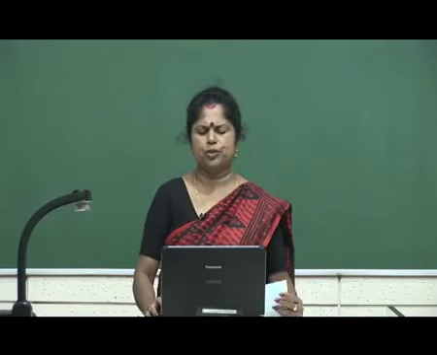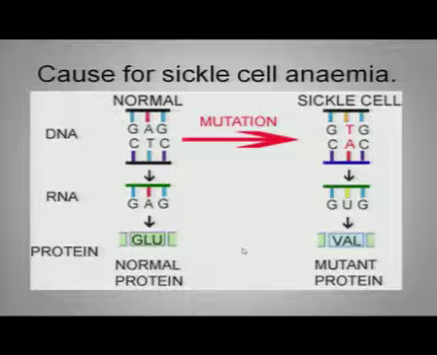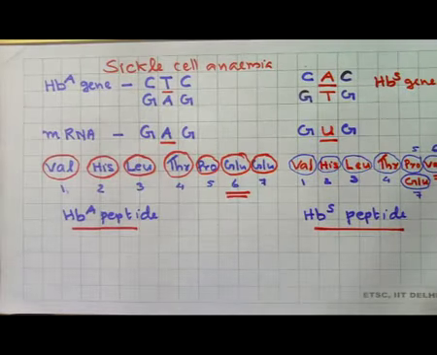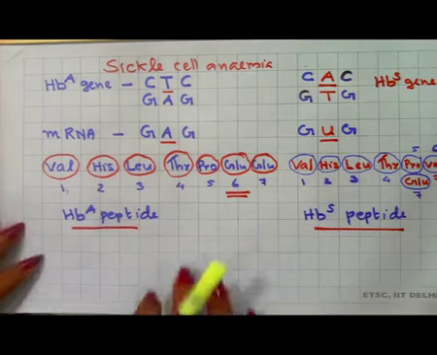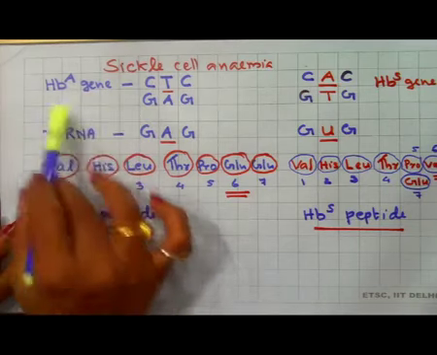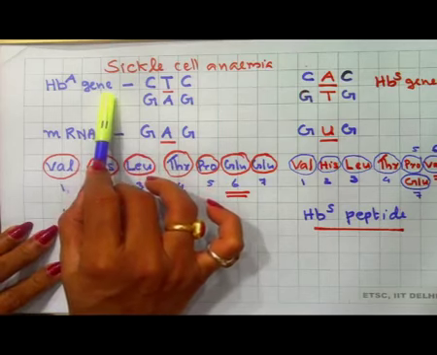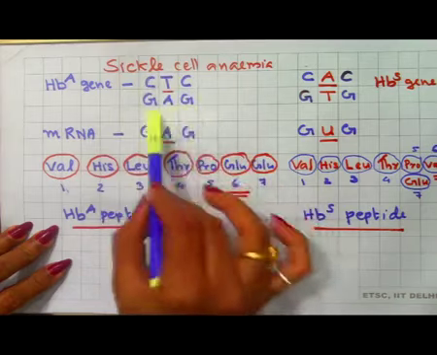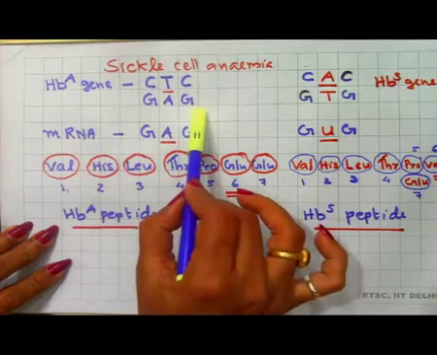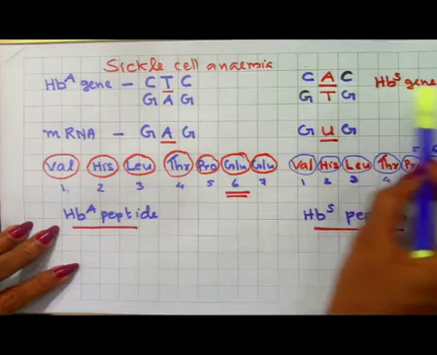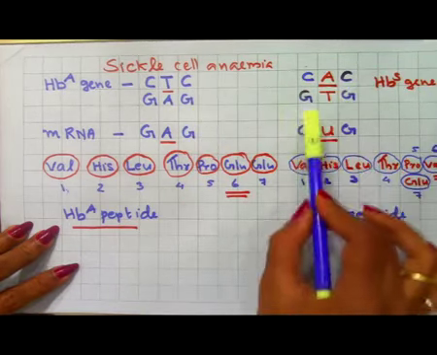Same I will show you here. You can see the other amino acids also in this case. HbA gene, that is the normal gene: CTC and the complementary pairing GAG. Here it is CAC and GTG.